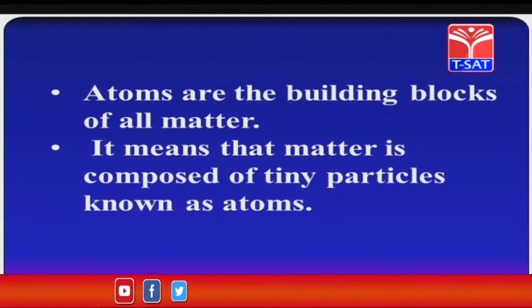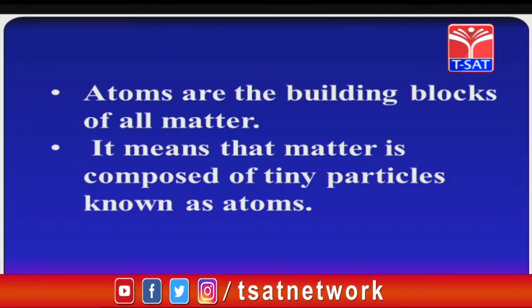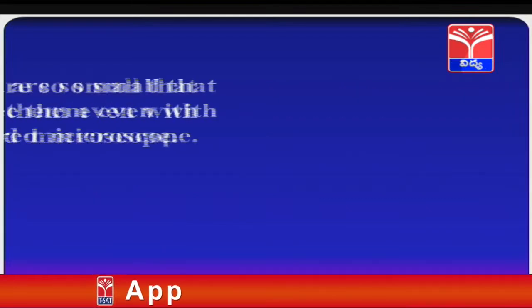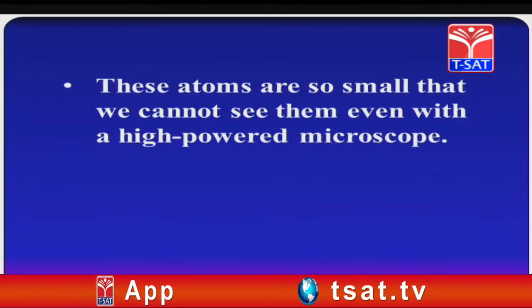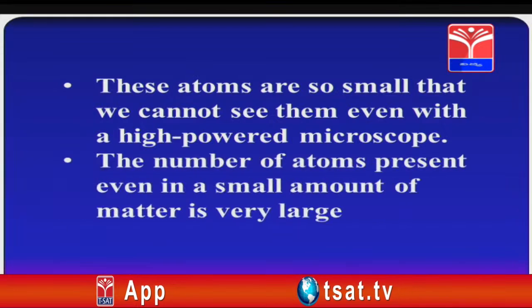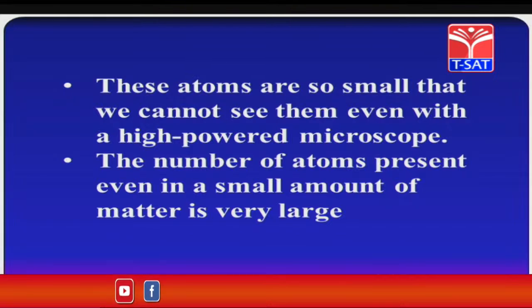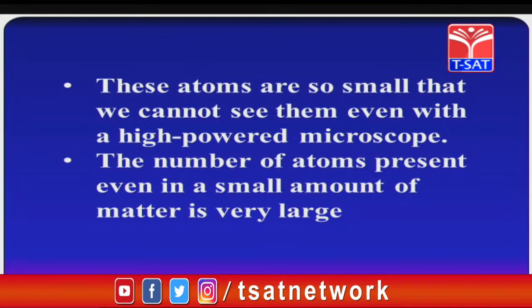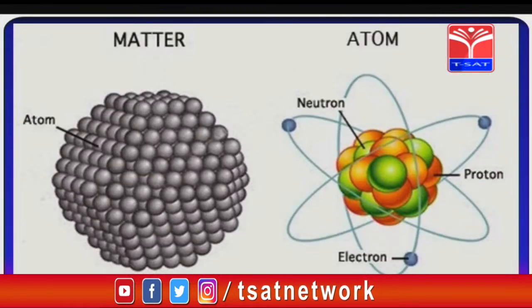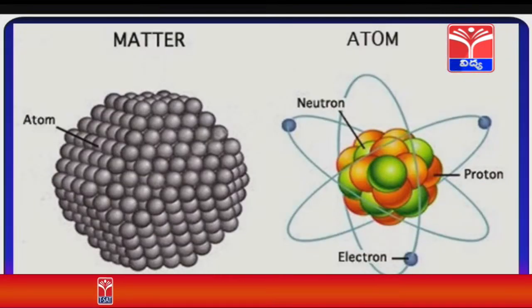So, atoms are the building blocks of matter. It means that matter is composed of tiny particles known as atoms. These atoms are so small that we cannot see them even with a high powered microscope. Then matter contains a large number of atoms. As I told you, matter exists in 3 states: solids, liquids, gases.